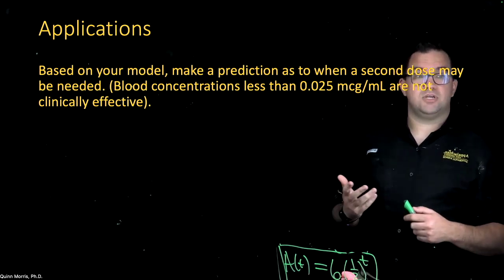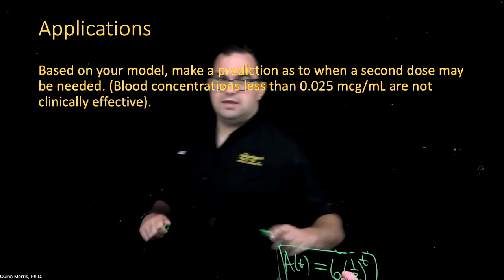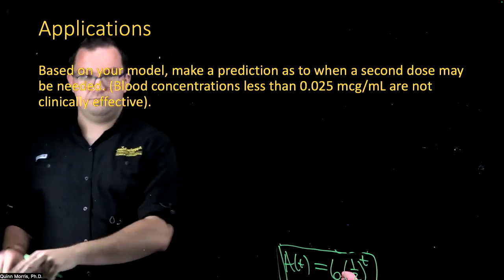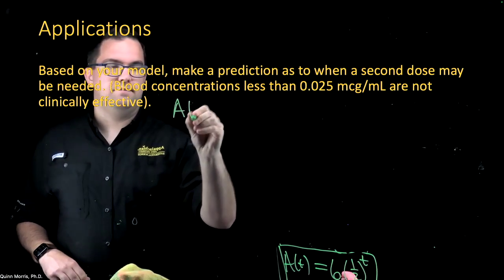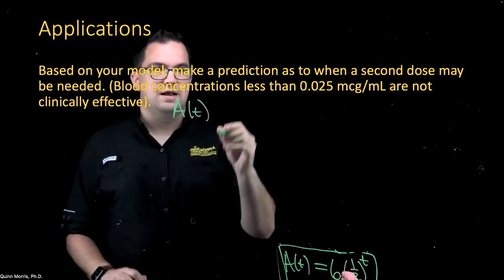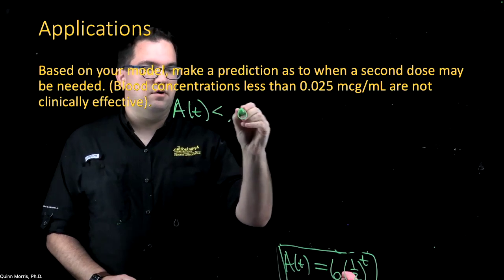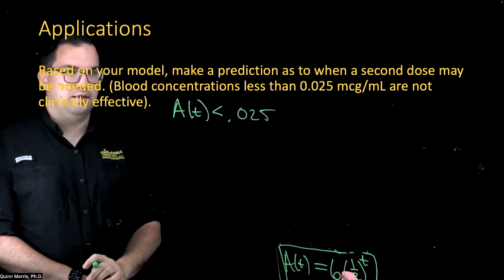So I might want to make a prediction as to when a second dose may be needed. In that case, I might want to know when the concentration of amoxicillin is going to become less than 0.025, again, micrograms per milliliter, okay?